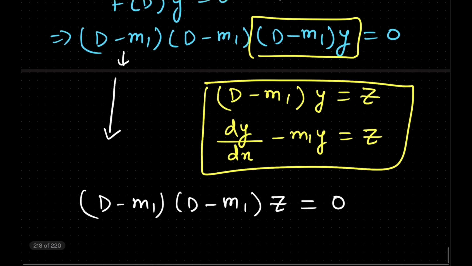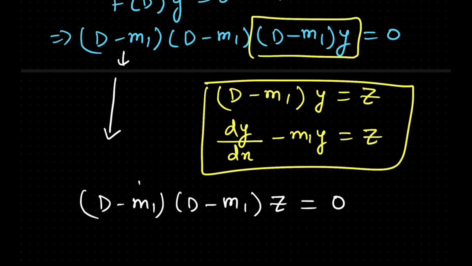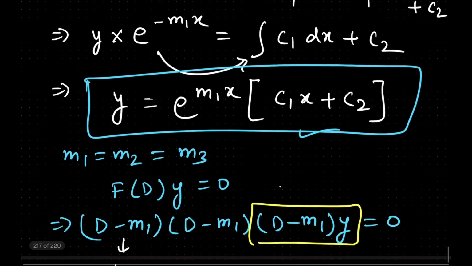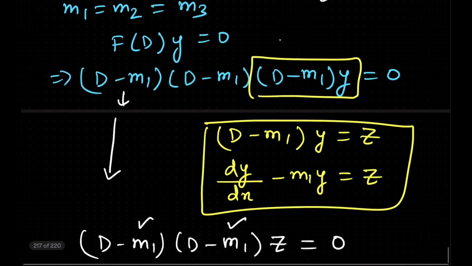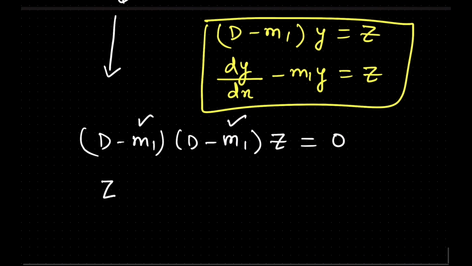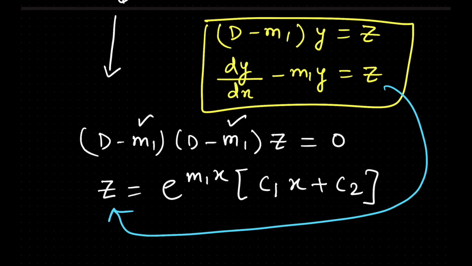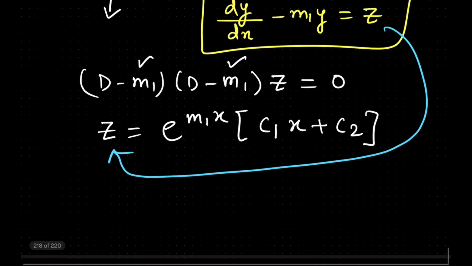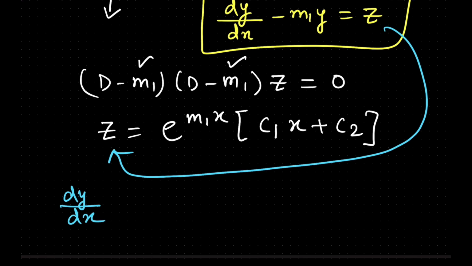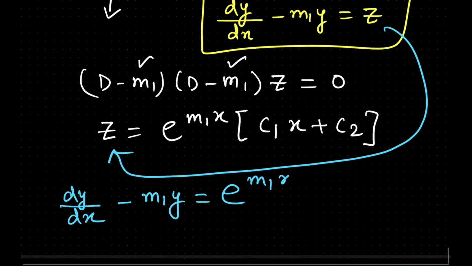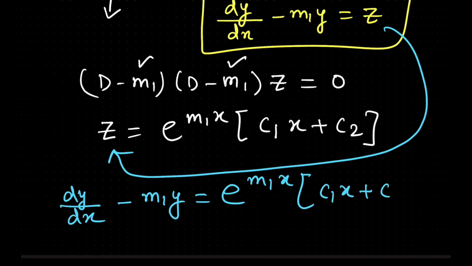And just now we have found that if the two roots are equal, that is m1 is equal to m2, then we will have this as our solution. So z will be equal to e to the power of m1 x into c1 x plus c2. Now you can substitute this value of z back here. So you will get dy by dx minus m1 y is equal to e to the power of m1 x into c1 x plus c2.